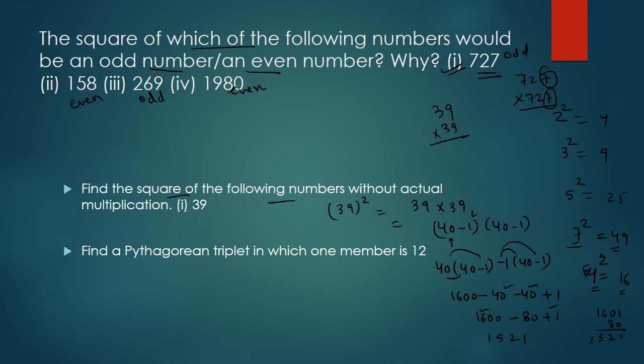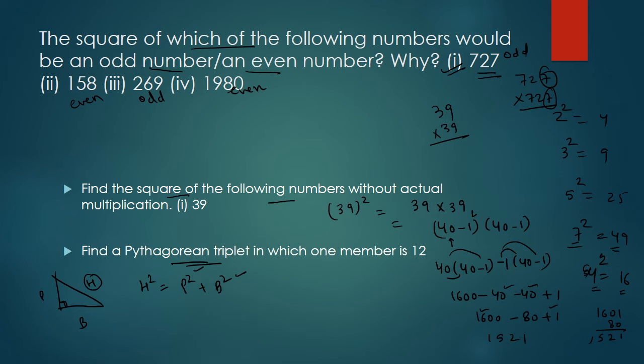Clear? The next topic is Pythagorean triplet. We know Pythagoras theorem is hypotenuse, perpendicular, base. One right angle is given to us, a right angle triangle. The longest side opposite to this 90 degrees is the hypotenuse, and hypotenuse square is always perpendicular square plus base square.